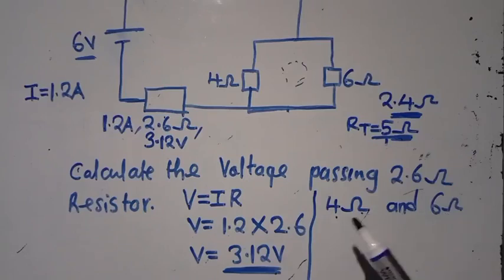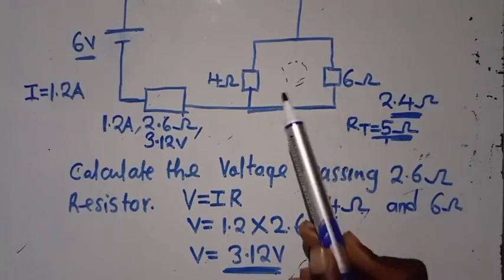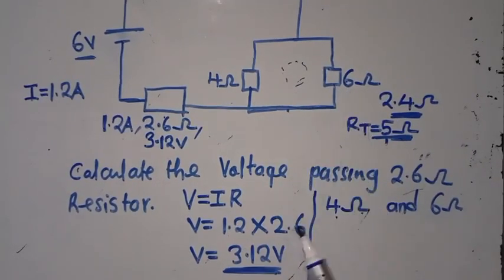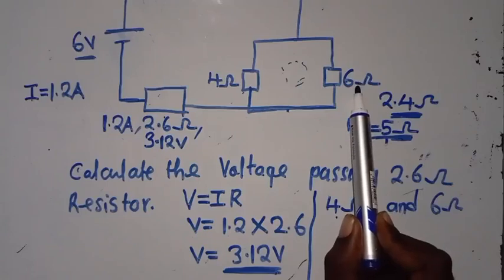Why have I said that? Because of the relationship when resistors are connected in parallel: voltage is the same but current is different. So the voltage that is passing through here is the same voltage that is passing through there.